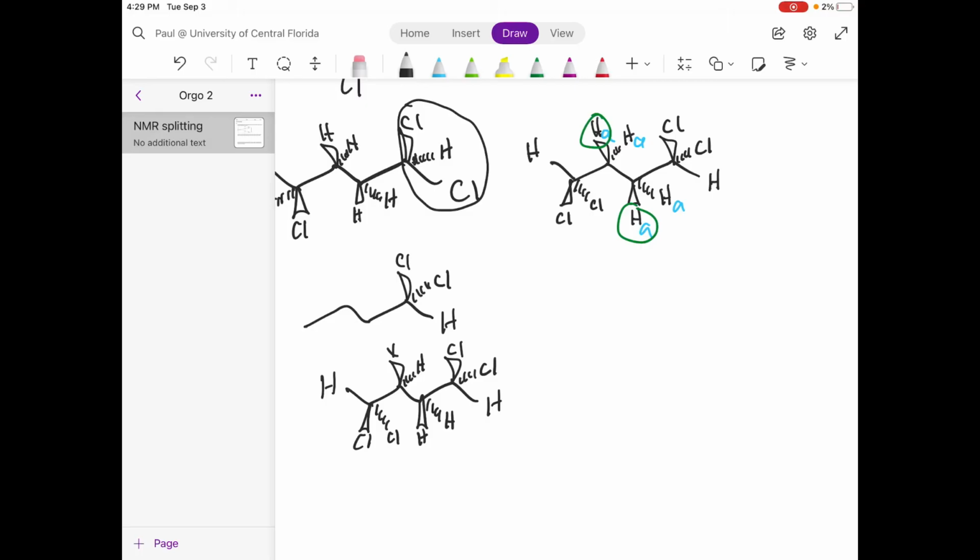So that's molecule A compared to this guy right here. Okay, so that's molecule A, that's molecule B. Can we take molecule B and directly superimpose it?